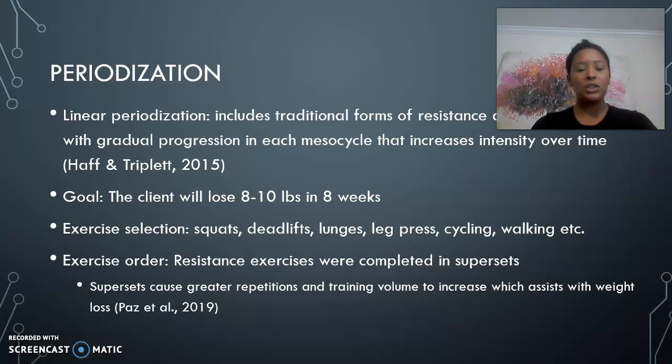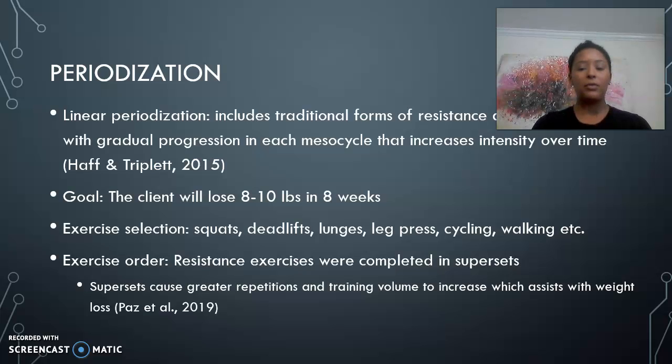The order of the exercises that I arranged the program in were supersets for the resistance exercises. Supersets are basically when you do two exercises back to back, and they are two different muscle groups.